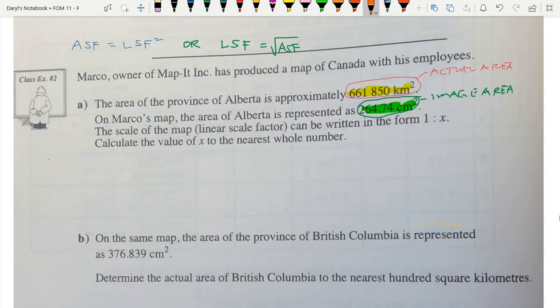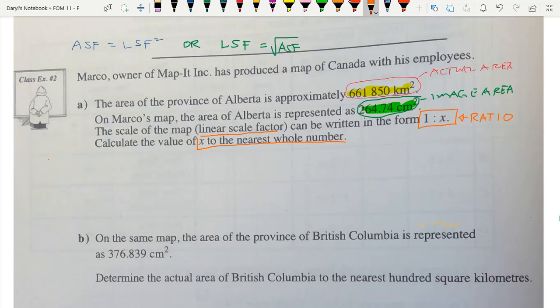And you're given the information that the scale of the map, the linear scale factor, can be written in this form here, 1:x, and we need to calculate the value of x to the nearest whole number. And if you can see here, in this particular form, it doesn't contain any units. So we can say that this is in ratio form.